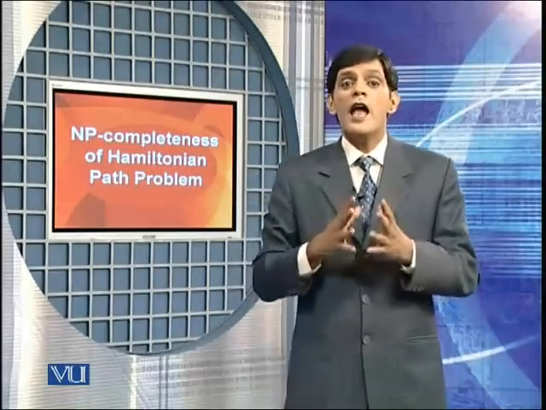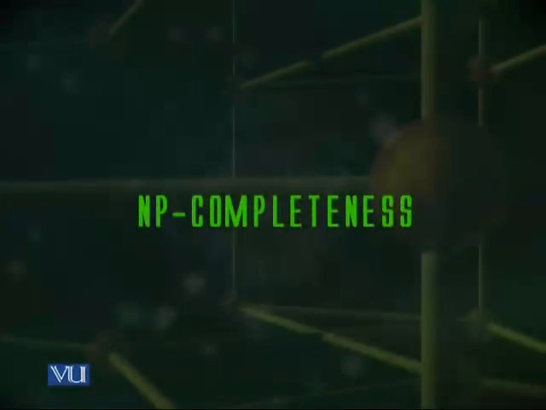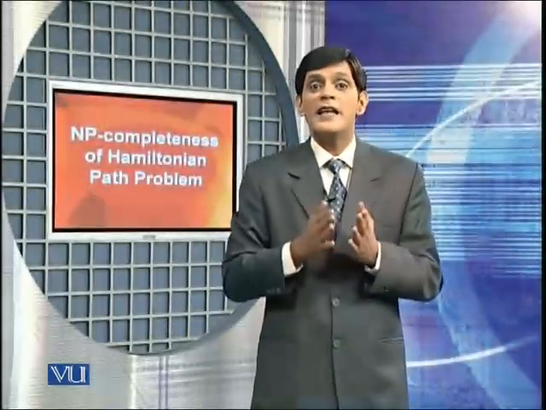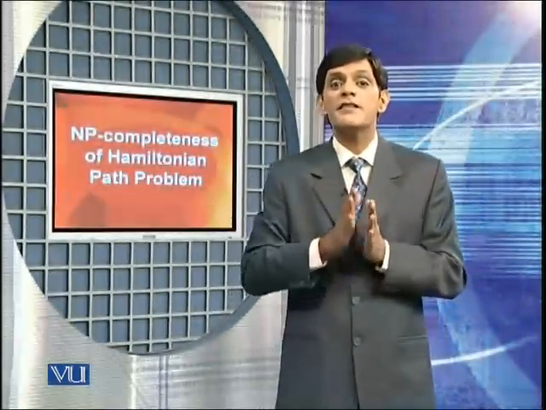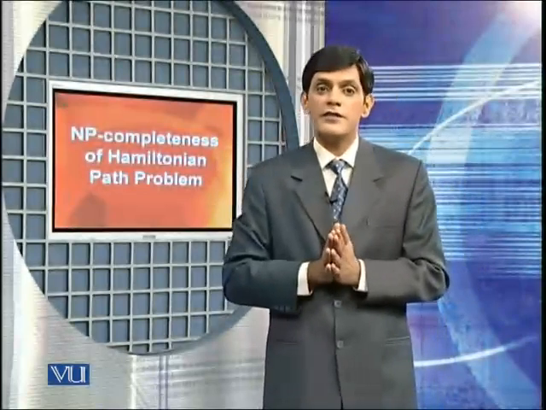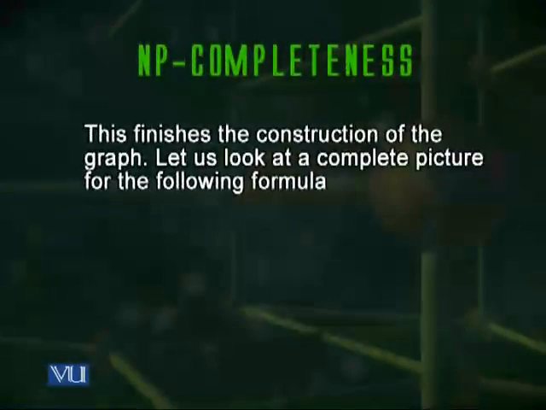That's the rule. Well, there is another rule which allows us to add edges between vertices in the diamond and the clause vertices. That is, if x sub i appears negated in the clause C sub j, then we add these edges backwards. This finishes the construction of the graph.